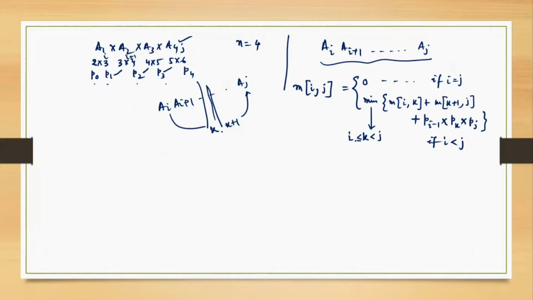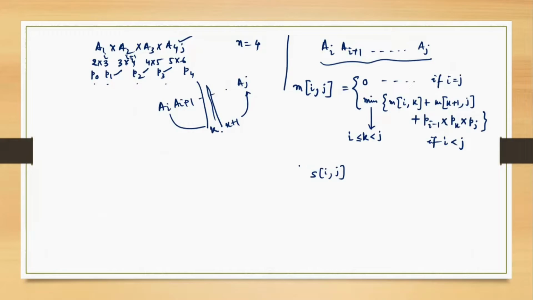Here the m of ij values give the cost of optimal solutions to the sub-problems, but they don't provide all the information we need to construct an optimal solution. So another matrix is required, called the S matrix, S of ij. We will introduce it. That will help us to do so.